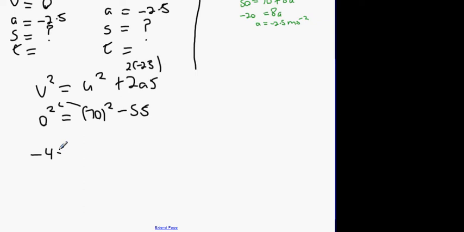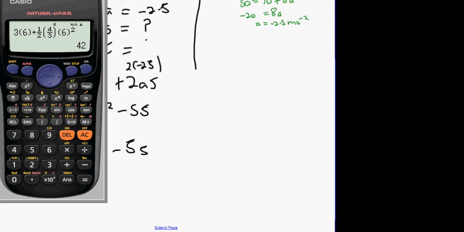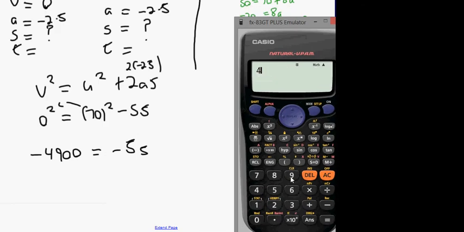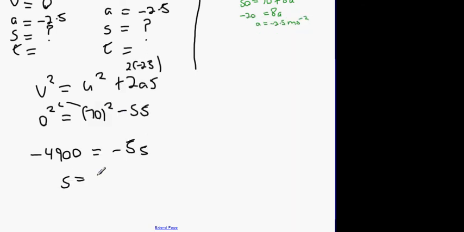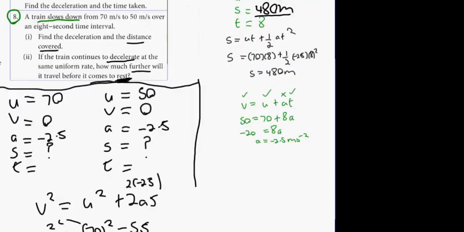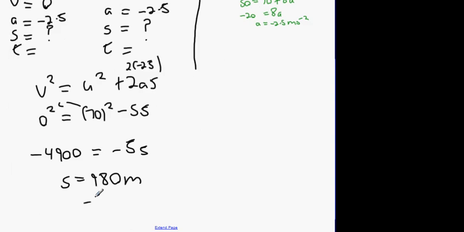Minus 4,900 equals minus 5s. 4,900 divided by 5. Too early in the morning for that. So 980. S equals 980. Now is 980 meters the answer for that one? No, because you have to take away your initial 480, and what you find there is 500 meters extra.